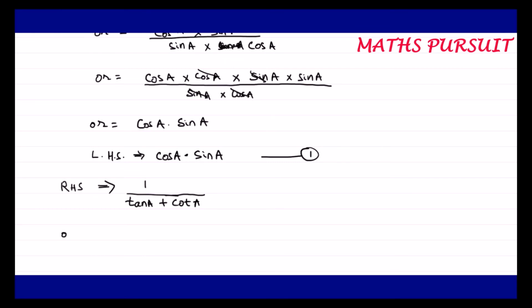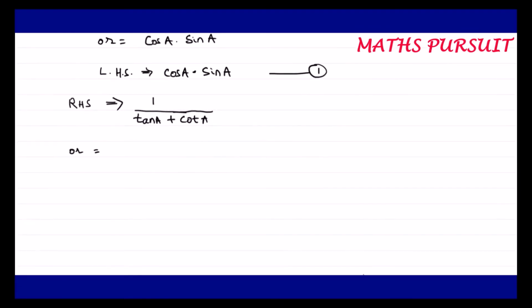As I told you, whatever is being given, let us convert it to sine and cos. So tan theta, we very well know that it is nothing but sine upon cos. Tan is sine upon cos. So instead of tan a, I can write sine a upon cos a, plus cot theta or cot a, we very well know that it is cos a upon sine a.